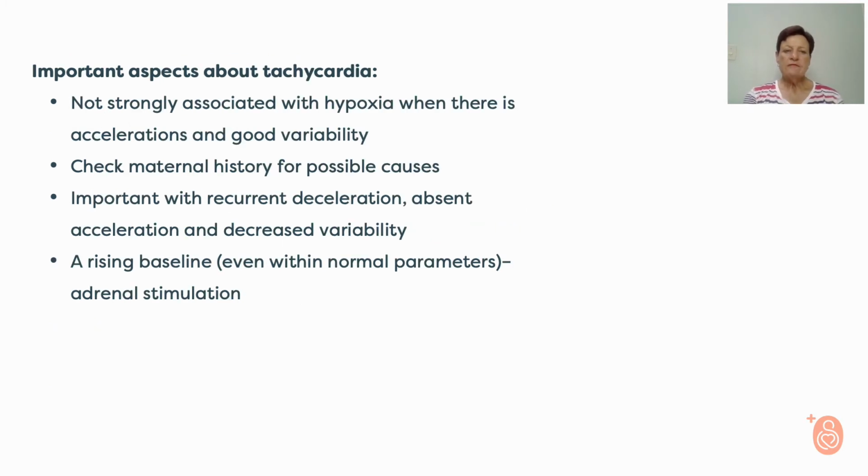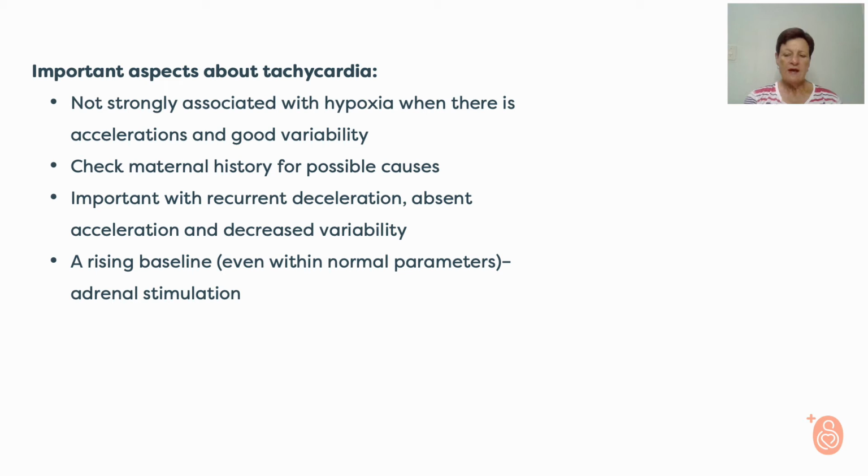Now, some very important aspects of tachycardia: it's not always associated with hypoxia, like we've said so many times before, if there are good accelerations and good variability. Good variability, like we have said, is usually a good sign that there's enough oxygen going to the sympathetic and the parasympathetic system.